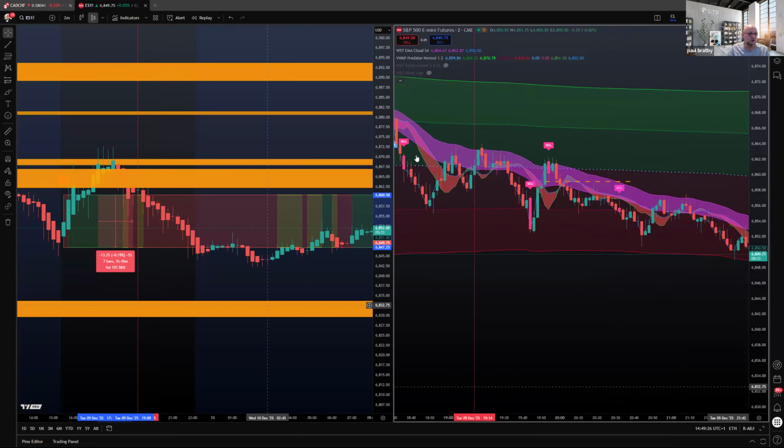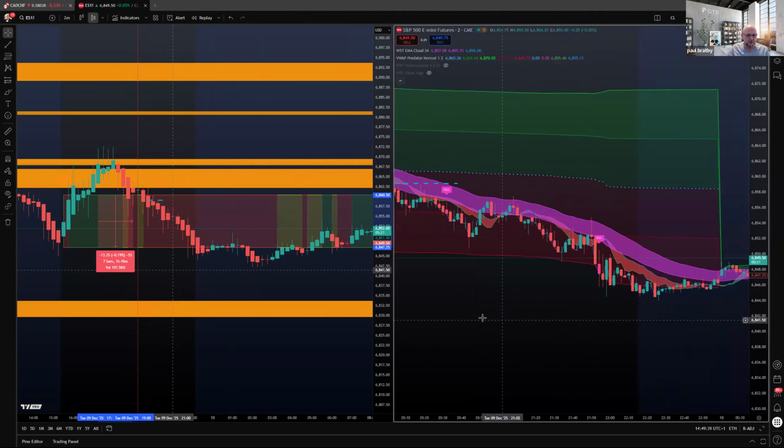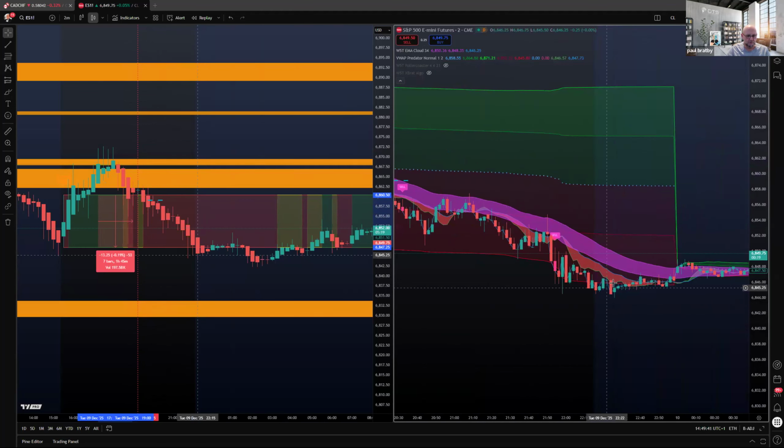Where are we? So yeah, this was a great move. Let me just put this in a different color so you can see it, and then sync the layout. So we can see here, this trade all the way down was very, very cool, all the way down to the close really. And that was the move that we needed in that space.